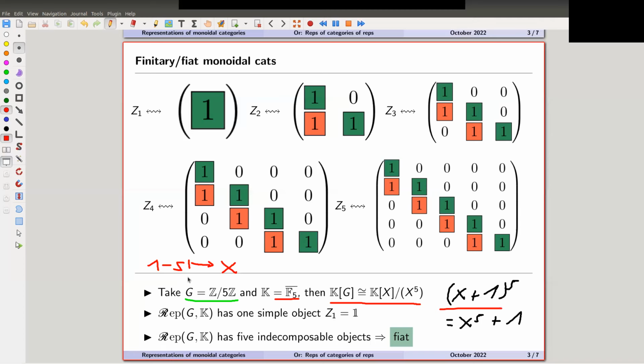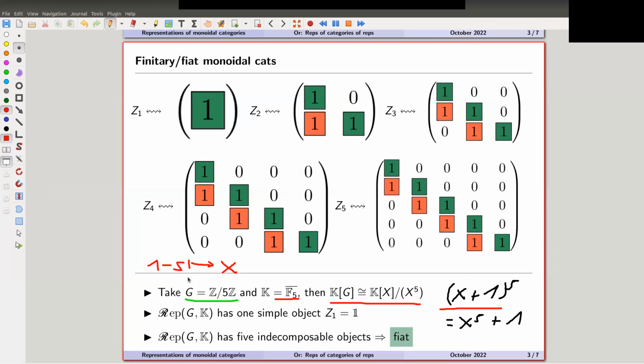So we have this isomorphism to this truncated polynomial ring. And it's very easy to write down the indecomposable representations. They're given by the Jordan blocks in this case. Again, I only have 1 generator, so I only need to tell you 1 matrix for that generator. And there are 5 indecomposable Jordan blocks, and they correspond to the 5 indecomposable representations of this category.